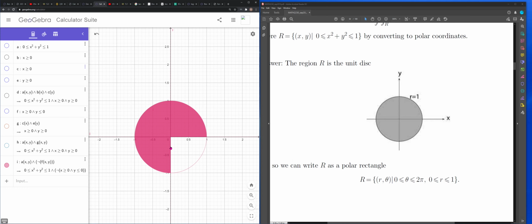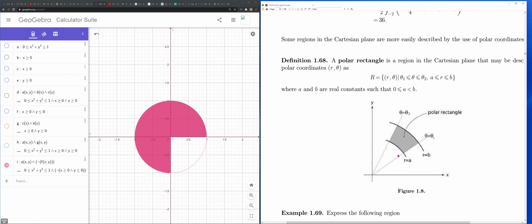If I keep increasing this from 3 pi on 2, say to 7 pi on 4, and I keep increasing, eventually this second angle, theta 2, will keep increasing until it actually comes back and hits 2 pi.